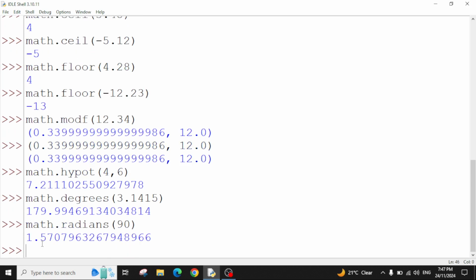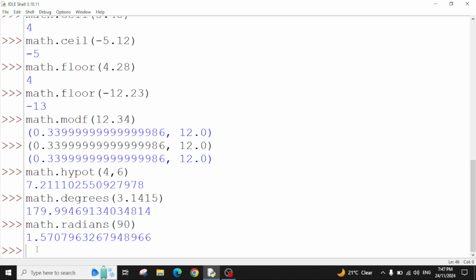So 90 degree is 1.57. 90 degree means pi by 2. Pi by 2 means 3.14 by 2. So it is obviously 1.570. So in this way, a degree value is converted into radians by using the radians function, and radian is converted into degree by using the degrees function.